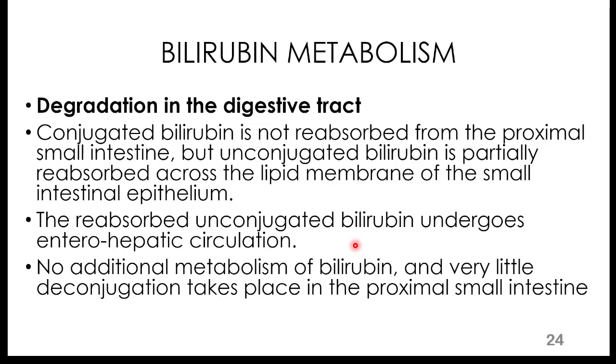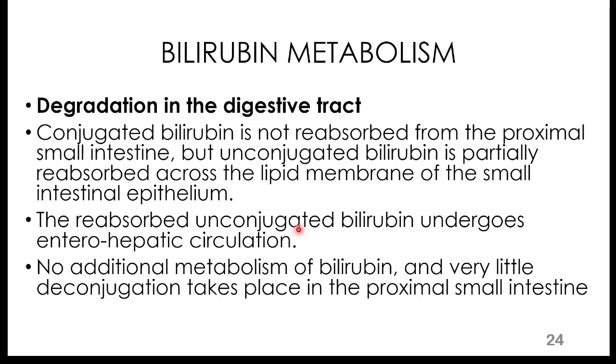So when this happens, the unconjugated bilirubin that escaped conjugation within the hepatocyte and ended up in the bile, since it is still lipid soluble, will be reabsorbed and go back to the liver via the hepatic portal venous system, along with the nutrients being absorbed from the gut.